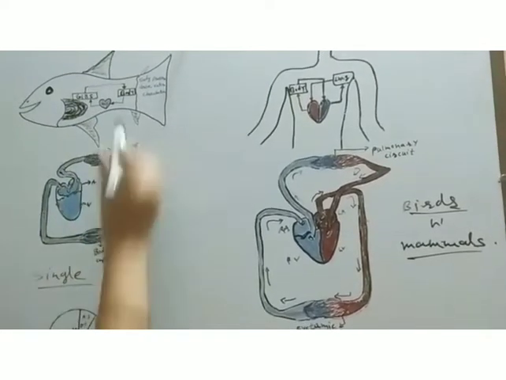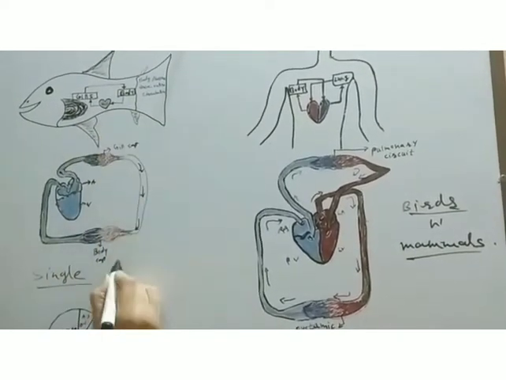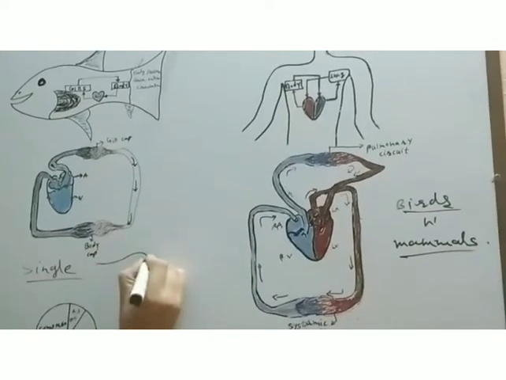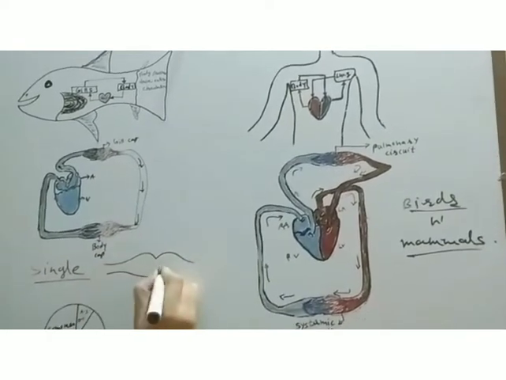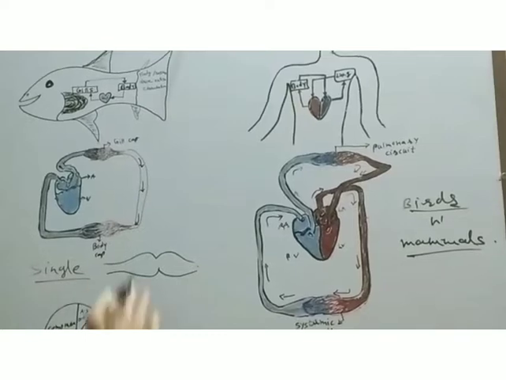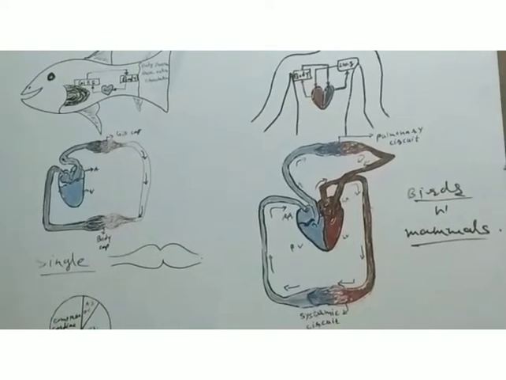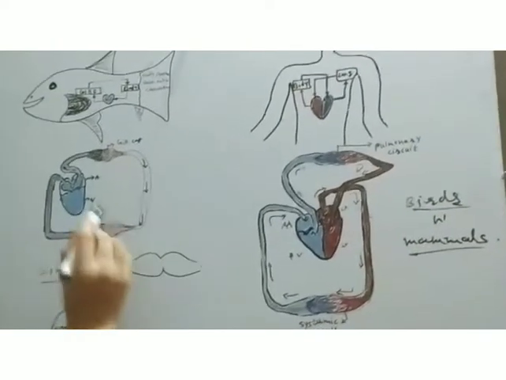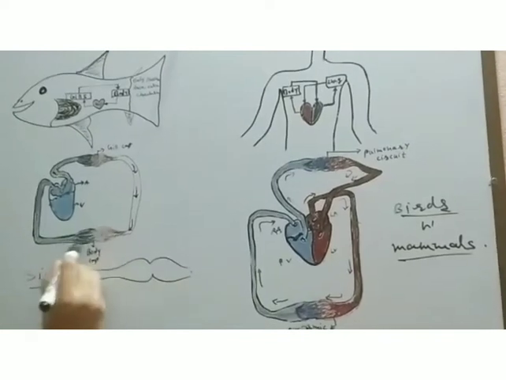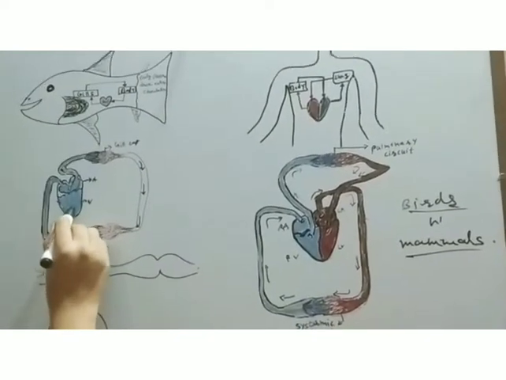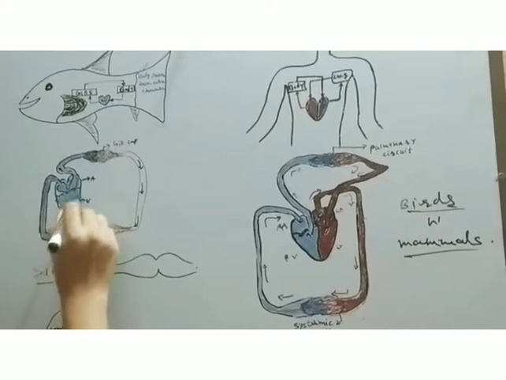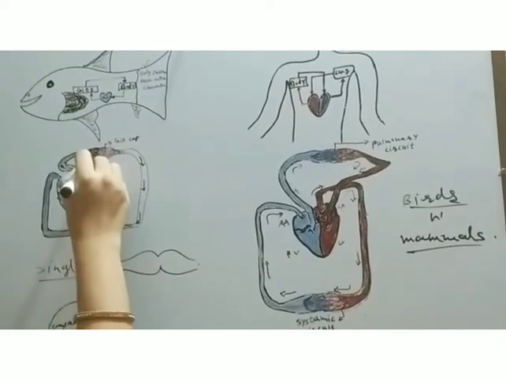In fishes, the heart has only 2 chambers like this. So it acts as a ventricle only. From the body, impure or deoxygenated blood is poured into the heart, which sends it to the gills.